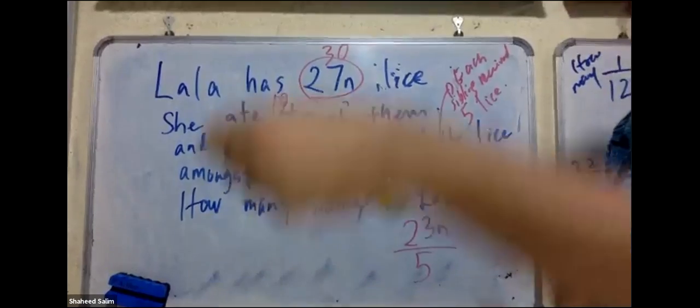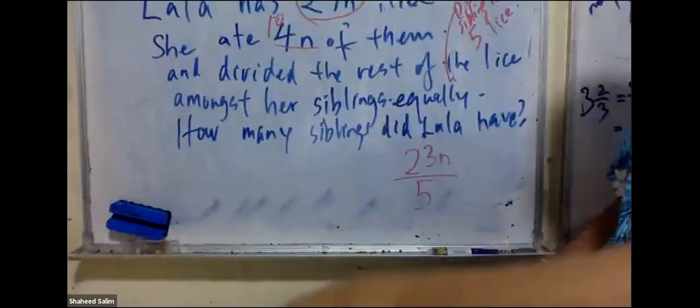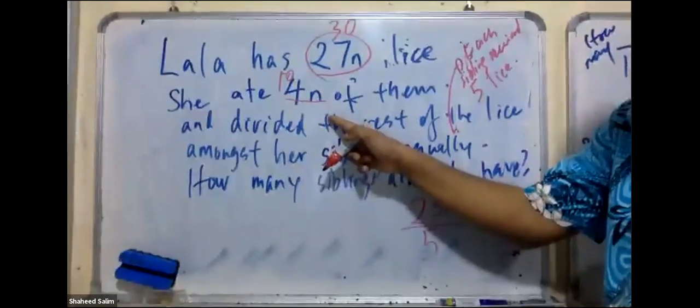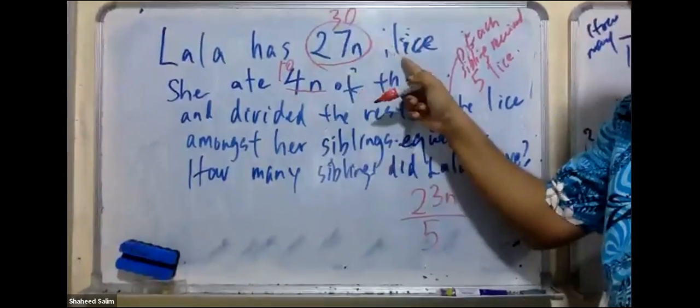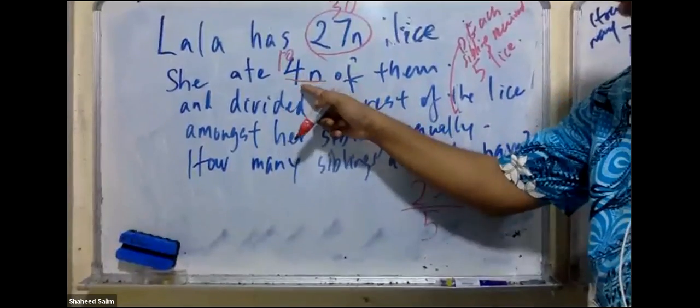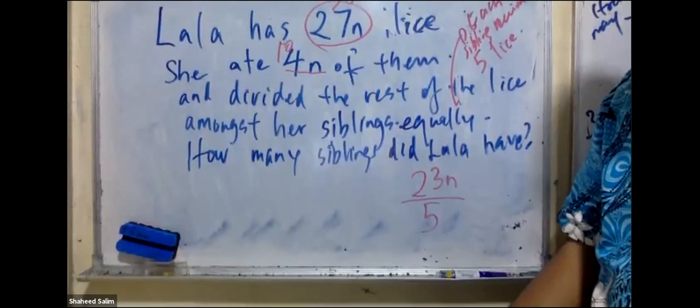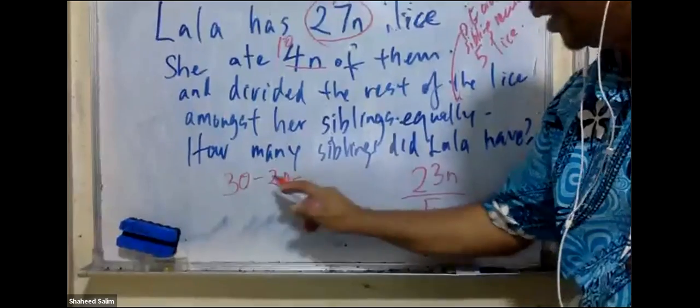What do you do, Zahira? 30 and 10. She had 30 lice. She ate 10 of them. How many lice left? You got 30 at first. 20, good. So now you get 20, right?